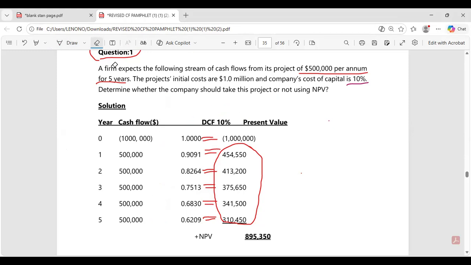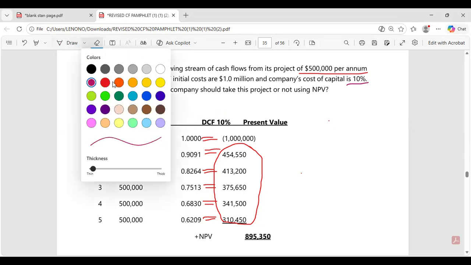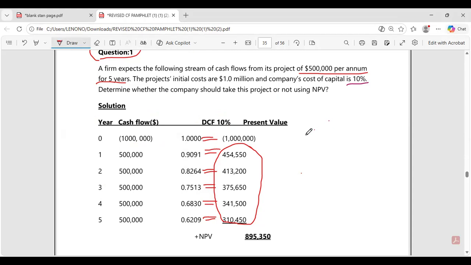Okay, now, sir, what's the difference between those factors that have been given and dividing the cash flows by 1.1? I was thinking that because the discount rate there is 10%, we say 500,000 divided by 1.1 would give us the present value.